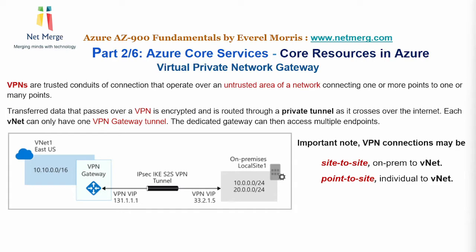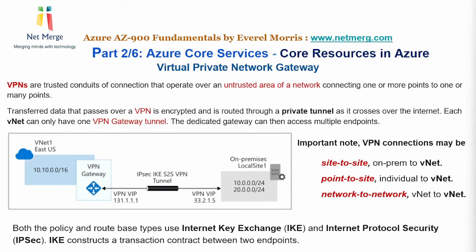Remember, site to site is on-prem to your virtual network in the cloud. Point to site is when you're using your VPN and connecting to the site. And then you have network to network when you're merging two networks together with ExpressRoute. So understand the difference between site to site, point to site, and network to network. I can assure you this will be on your exam as well.